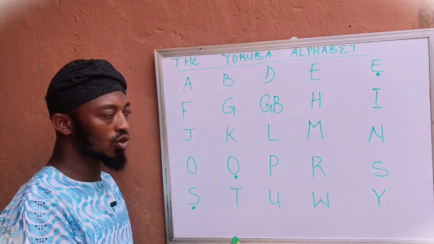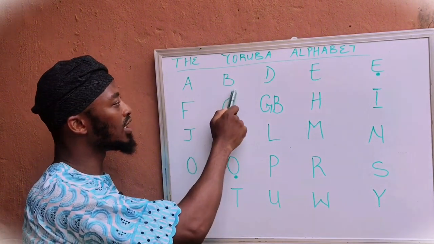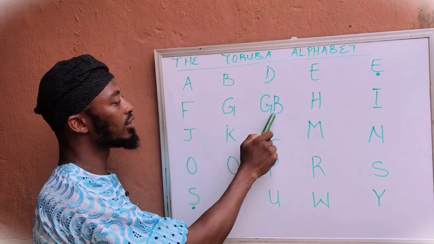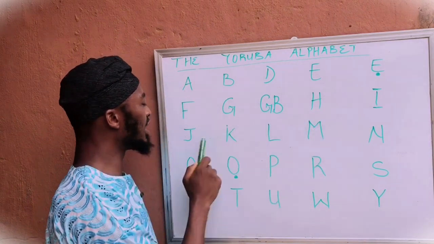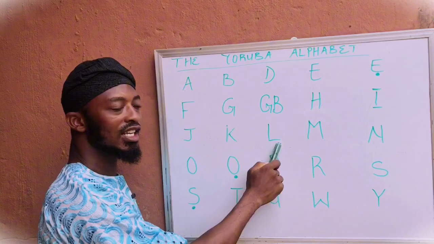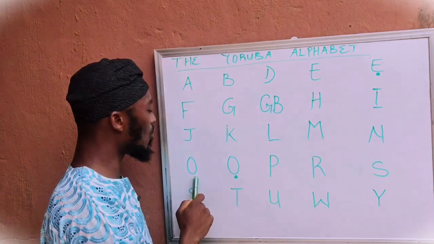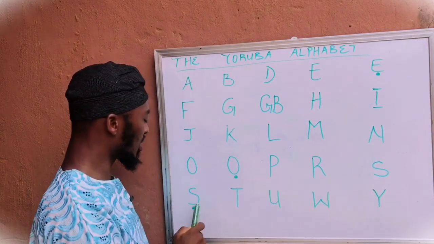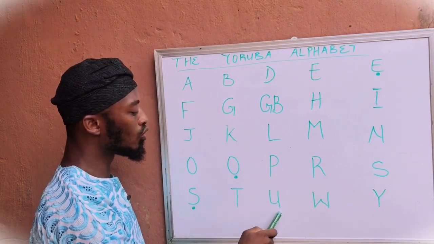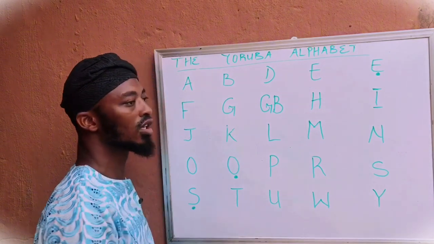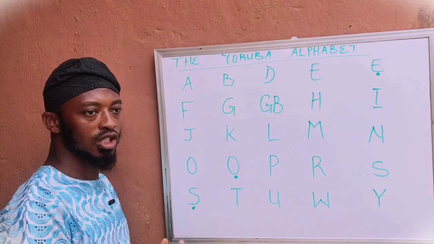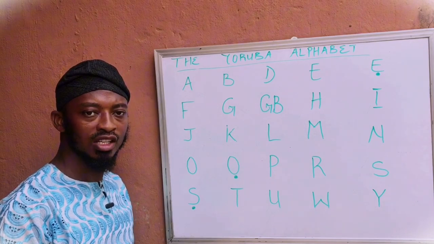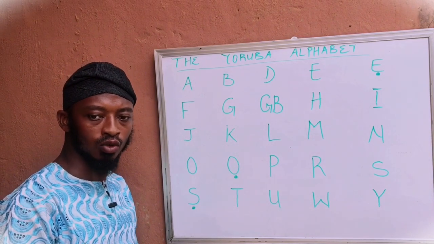So once again, we have A, B, D, E, Ẹ, F, G, Gb, H, I, J, K, L, M, N, O, Ọ, P, R, S, Ṣ, T, U, W, Y. Once you familiarize yourself with this alphabet, it's easier for you to read or write in Yoruba language.